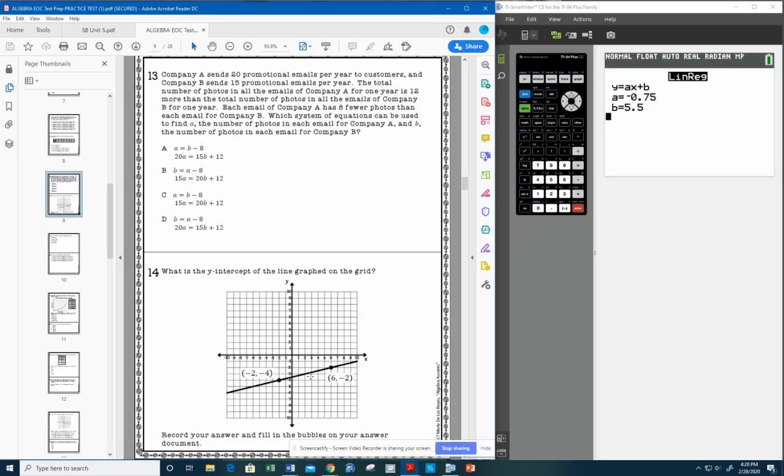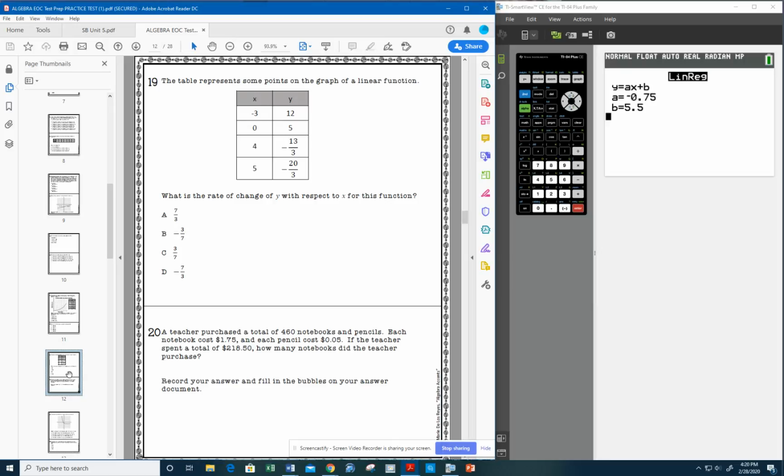The next one we're going to look at is number 19. It tells you it is a linear function, and it wants to know the rate of change. This is, again, one you could put into stat edit, and the a value it gives you is going to be your rate of change or your slope.